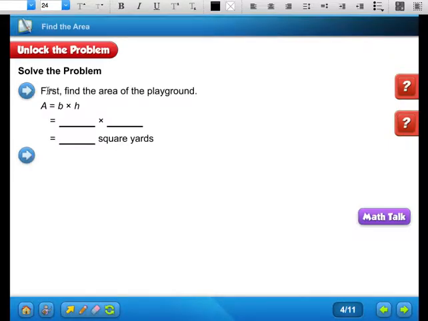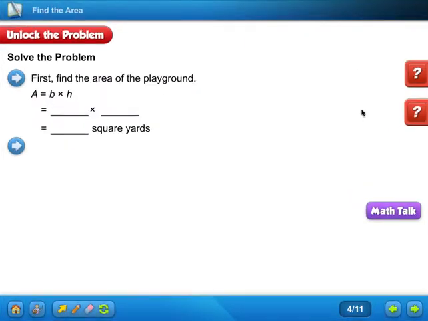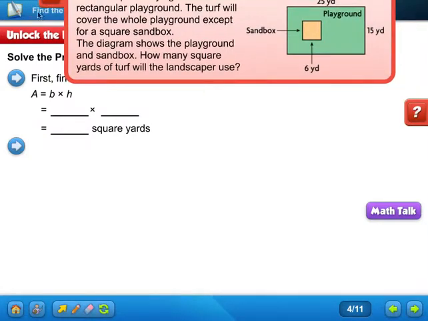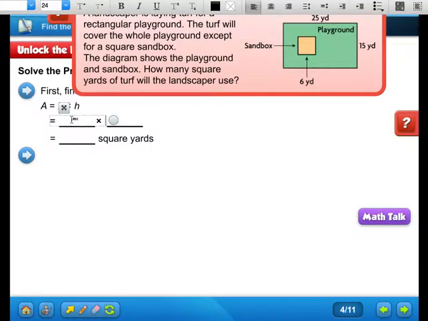So to solve the problem, first find the area of the playground.